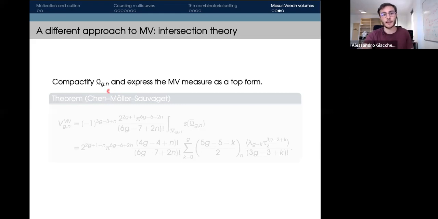quadratic differentials and try to compactify and express the Masur-Veech form as a top form on the moduli space.